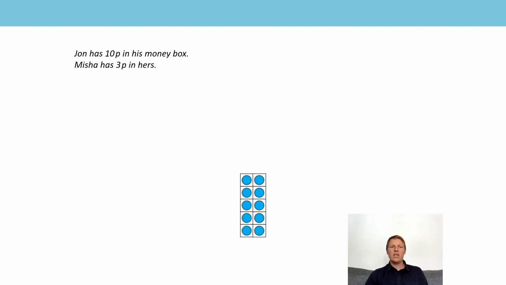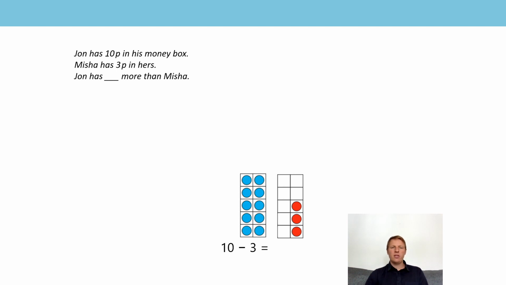Misha has 3p in her money box. I'm going to use a different tens frame initially, and I've showed that by filling 3 of the parts up with a red counter. John has more than Misha, so we need to work out the difference between 10 and 3. Now I know you all know the answer to that, but I'm going to show it to you in a certain way.